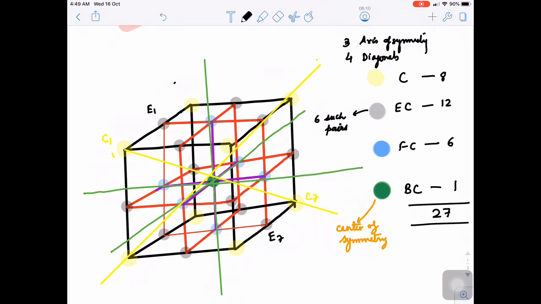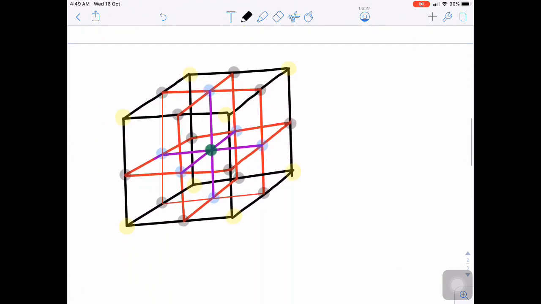Now likewise we can discuss the different planes of symmetry found in the structure. We can take the xy plane, yz and zx plane, so we can have 3 planes also. So let's complete the diagonal axes of symmetry first: 4 diagonals which are giving us axes of symmetry. Now see the structure once again. Let's take simple planes, xy plane, yz plane and zx plane.